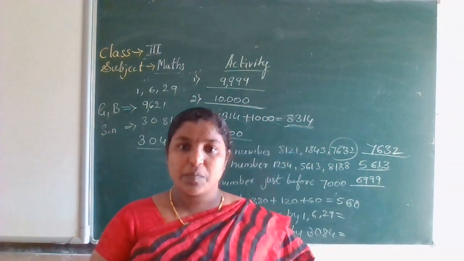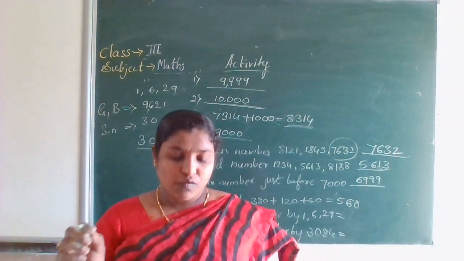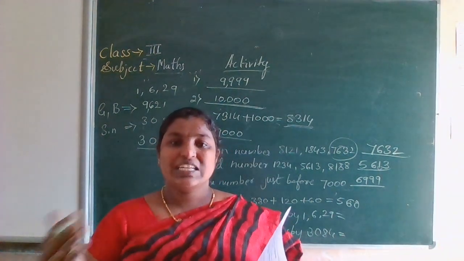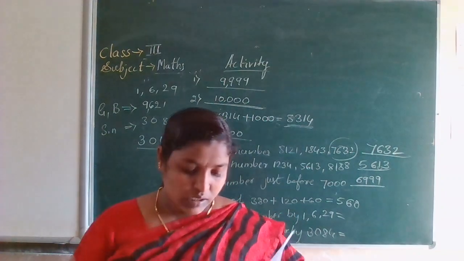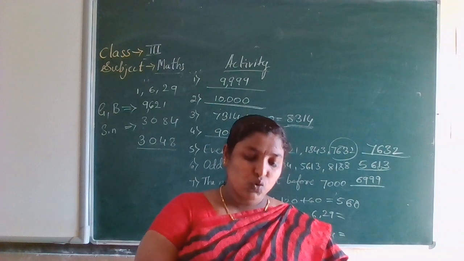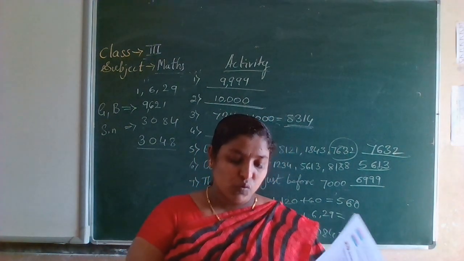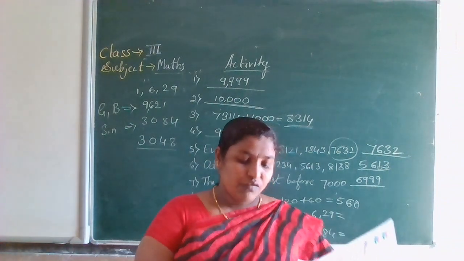They have given expanded, you have to write short form. Write the predecessor of the following numbers, so just before numbers you should write. Write the successor also. Counting by twos, counting by tens, counting by hundreds, counting by thousands. Then fill in the blanks.